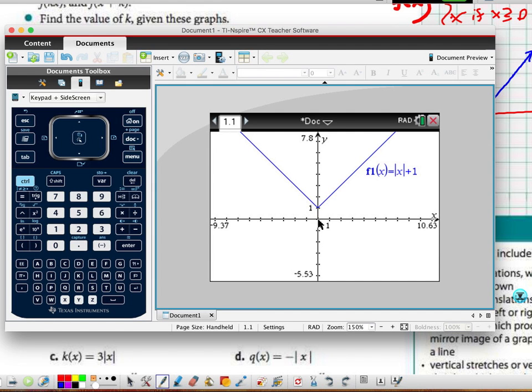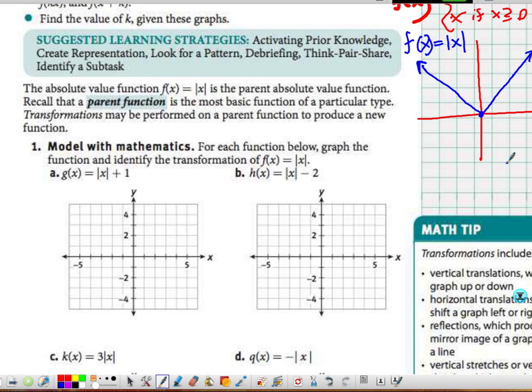The vertex is no longer at the origin. It moved up 1 unit. So this is what we have here. So what is the transformation here?